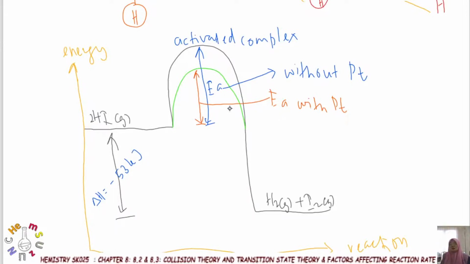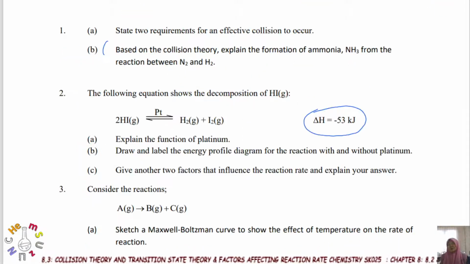Okey. Lepas tu, dalam soalan ni juga, dia kata, give another two factors that influence the reaction rate. Explain your answer. Another two factor tu apa? Temperature dan particle size. Selain daripada tu, concentration of the reactant.